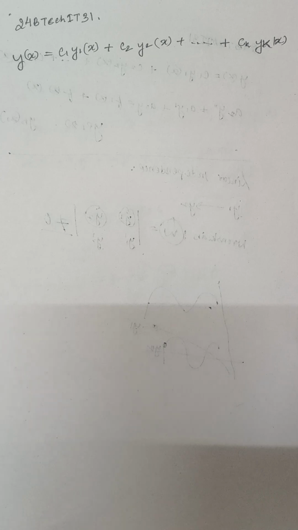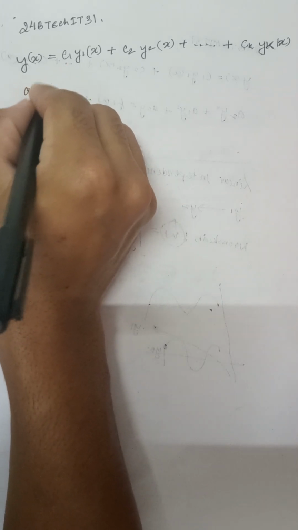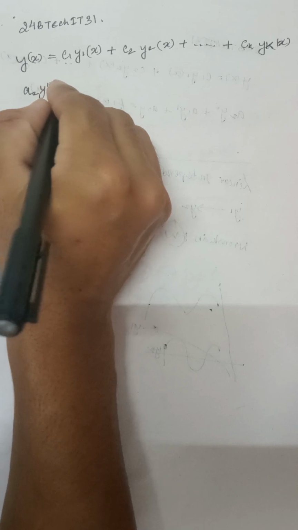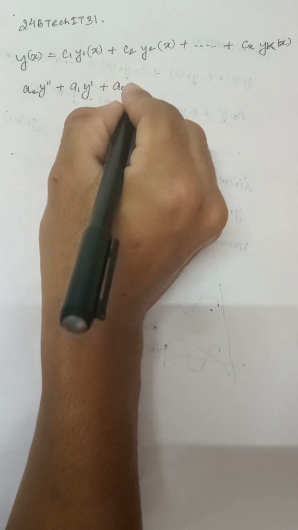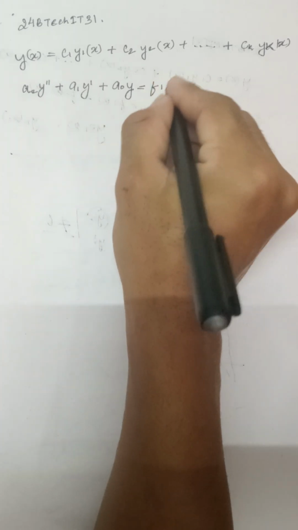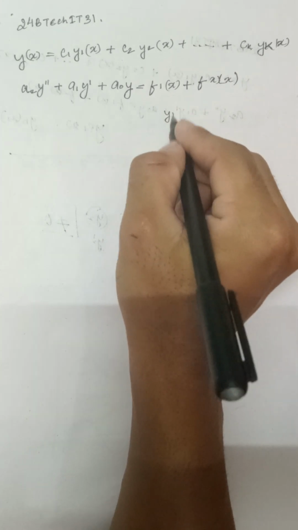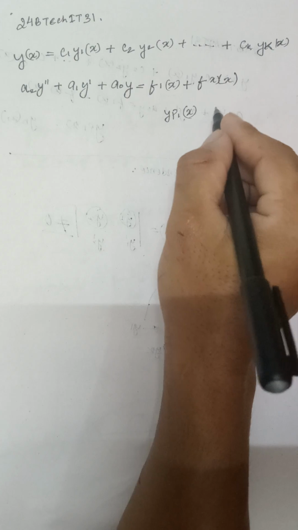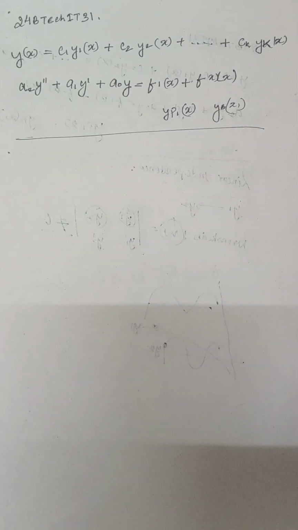These are solutions of a2 y double prime plus a1 y prime plus a0 y equal to f(x). These solutions y1(x) and y2(x) should be linearly independent.